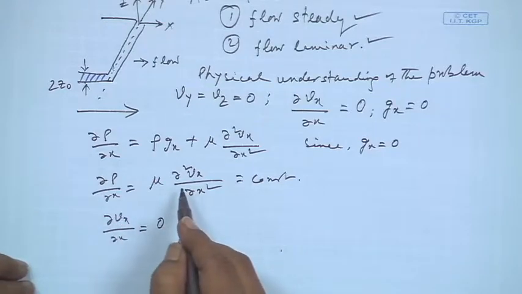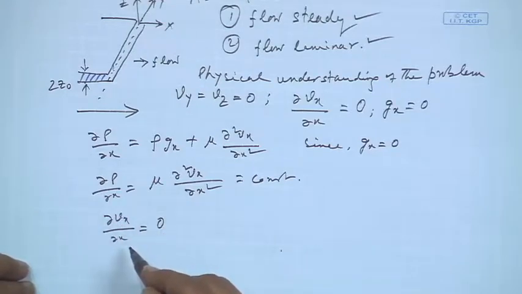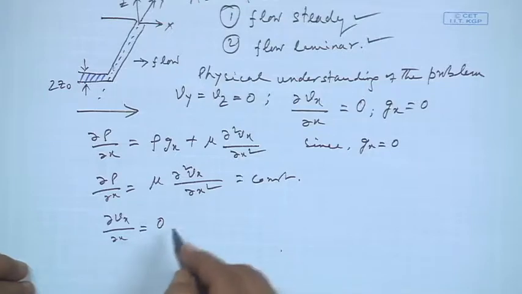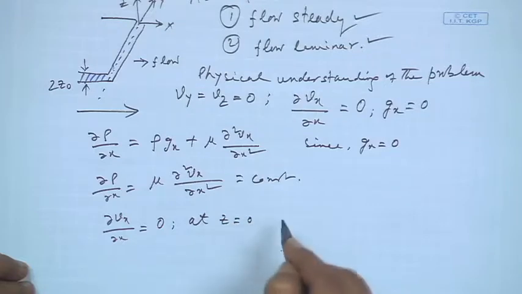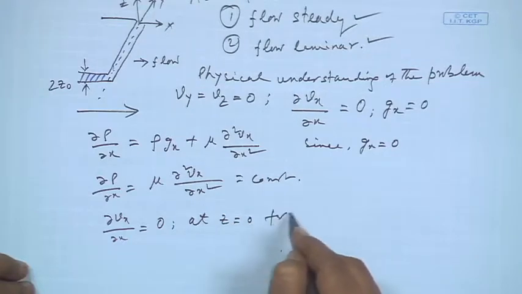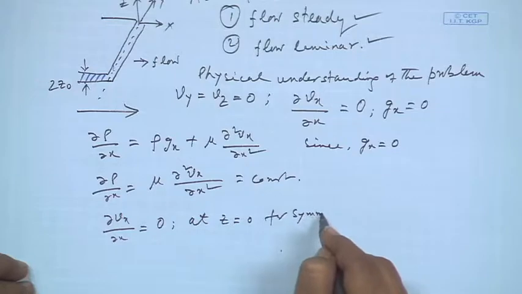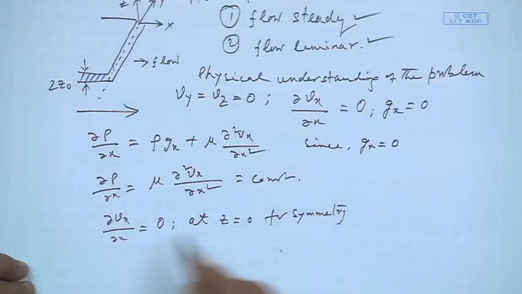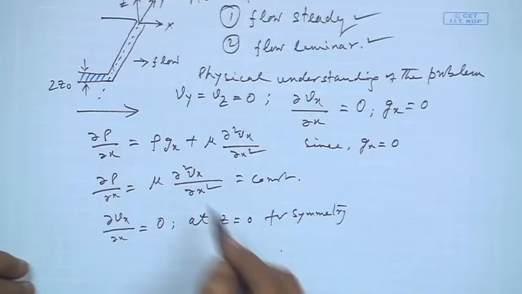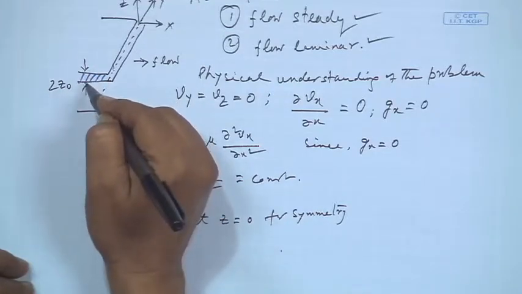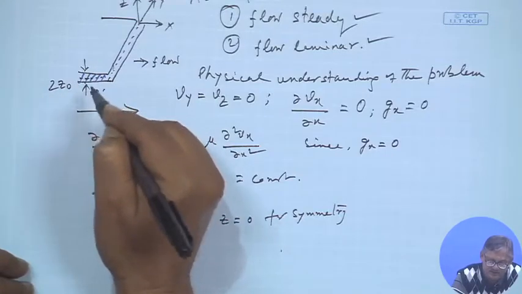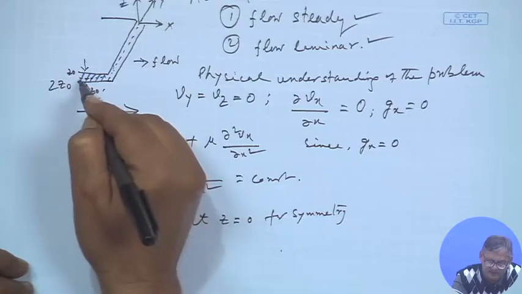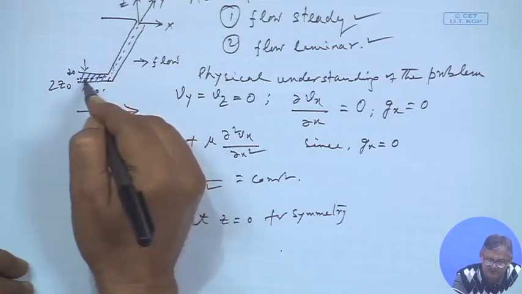So, del Vx del x is equal to 0, and this is true at z is equal to 0 for the symmetry. Del Vx del x is 0 at z is equal to 0, because this is 2z0. So, we can tell that it is one z0 and another z0 from the center, right.